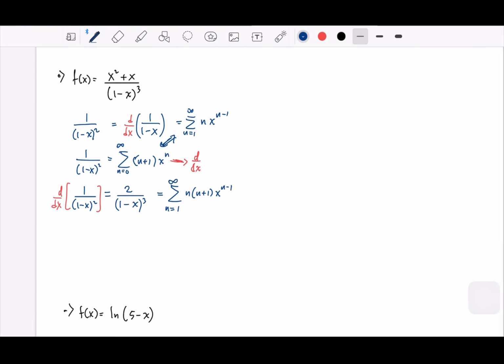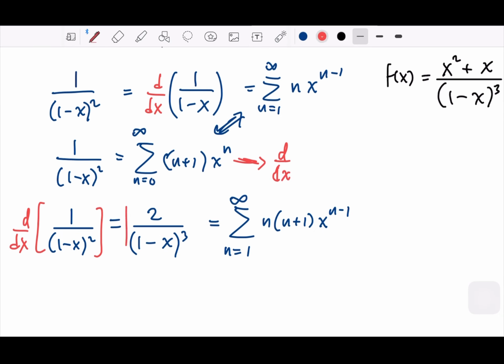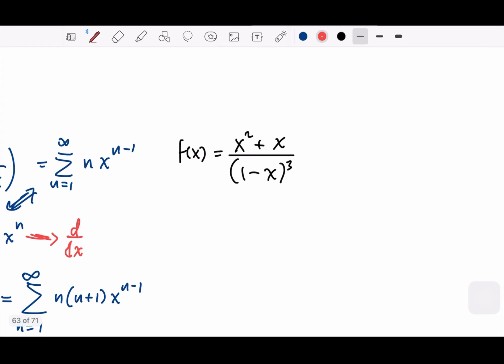And now we have f of x is (x squared plus x) divided by (1 minus x) cubed. Okay. Now what we have here is 2 over (1 minus x) cubed. Now we would like to incorporate this form inside these functions.